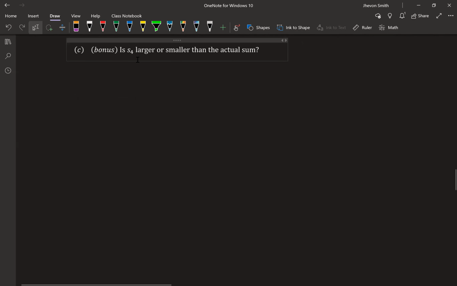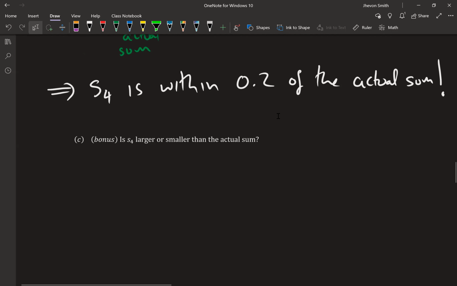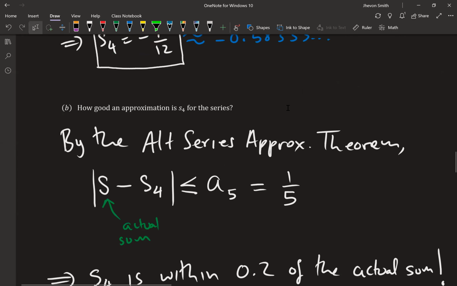So S4 is large. Is S4 larger or smaller than the actual sum? Well, the sign of A5. The sign of A5 is, what was it? Was it positive?